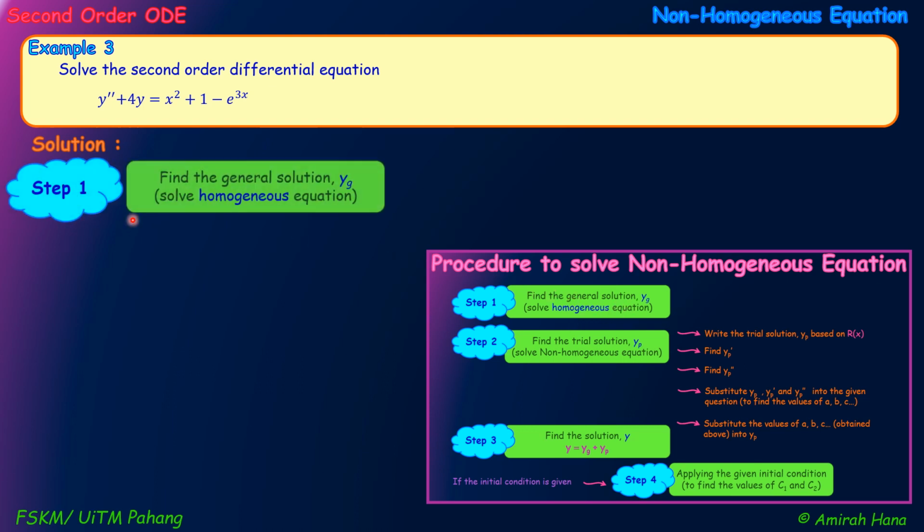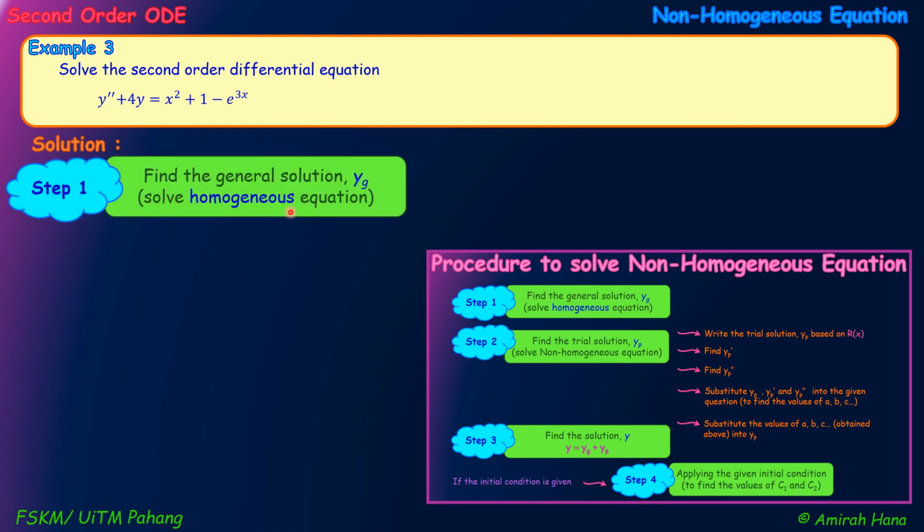To find the general solution yg, we need to solve the homogeneous equation. Homogeneous equation means we equate y double prime plus 4y equals 0. So from y double prime plus 4y, we can write y double prime plus 0y prime plus 4y equals 0.